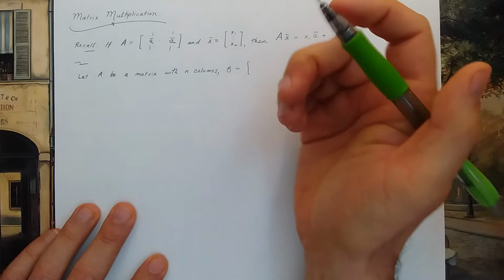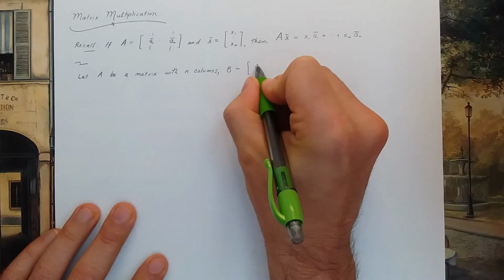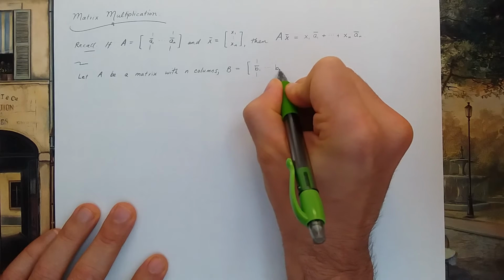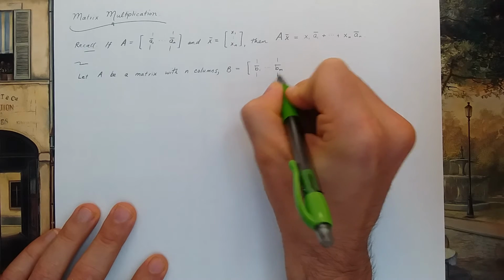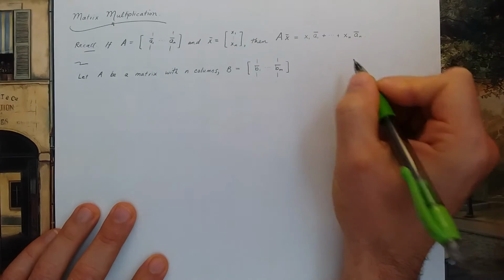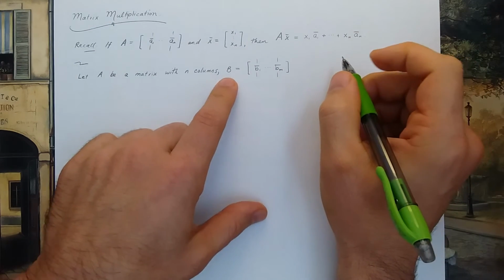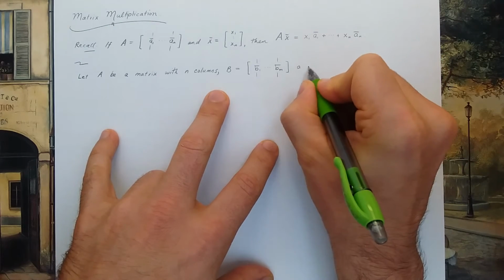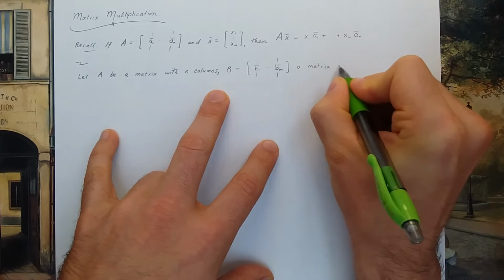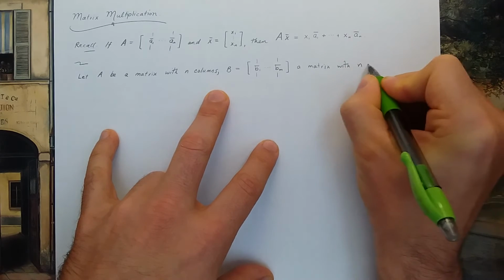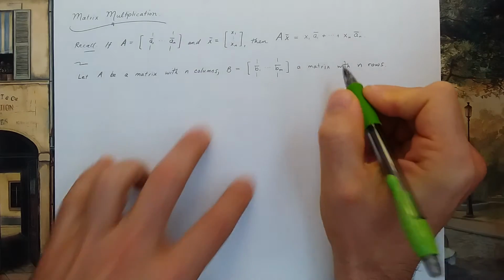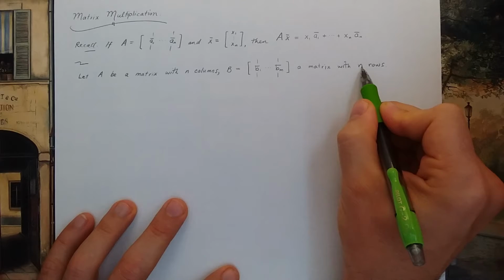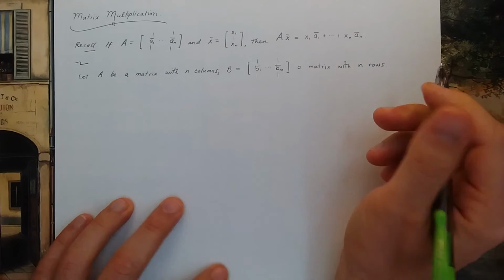It could have m columns, so let's say B1 is the first column of the matrix B up to Bm. It could have any number of columns you'd like, but B must have n rows. So the number of columns in A has to be the same as the number of rows in B.